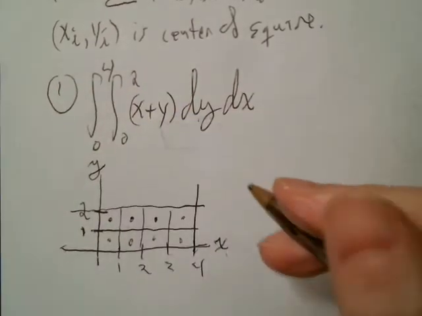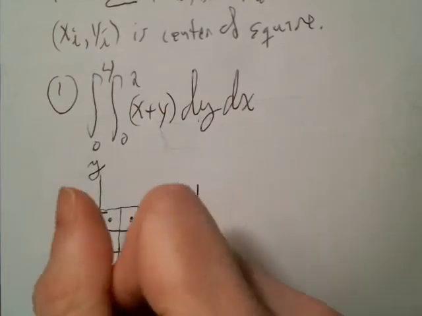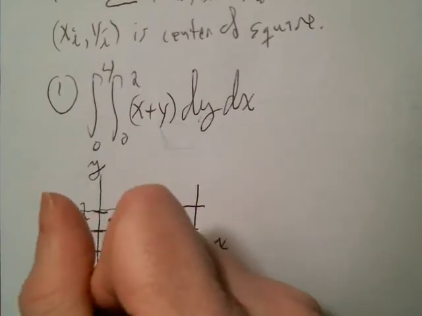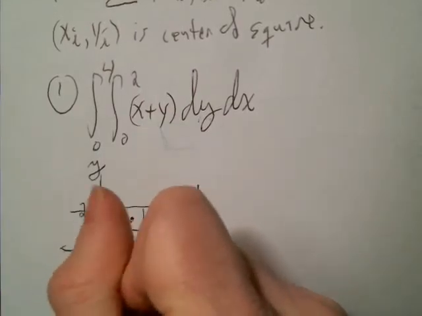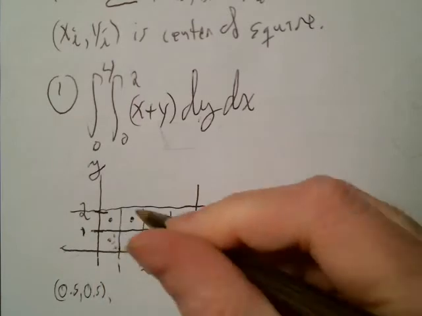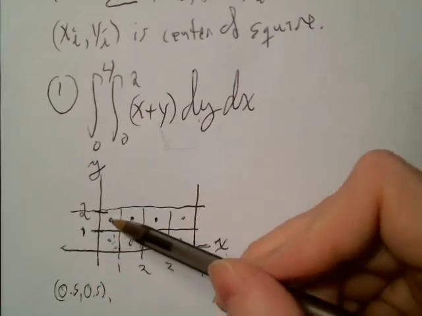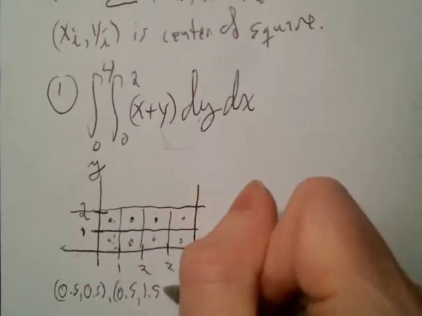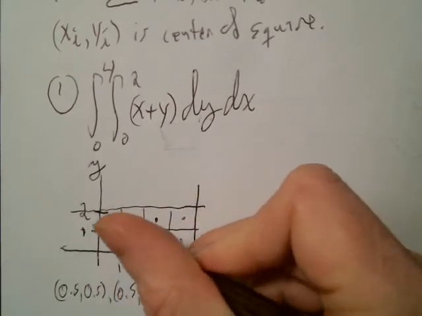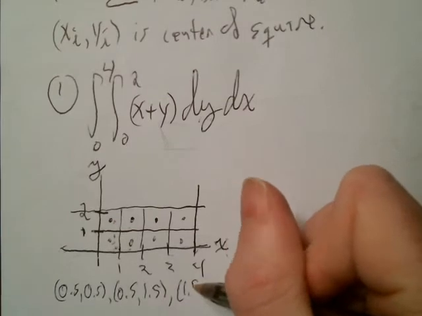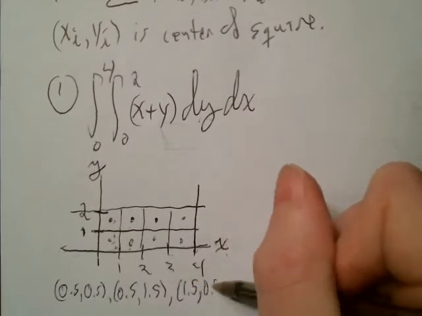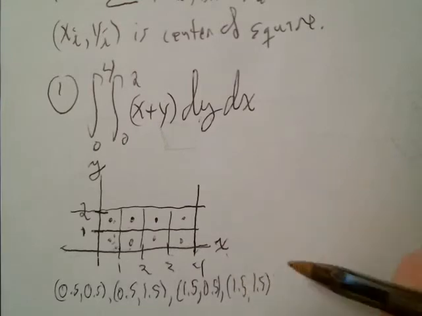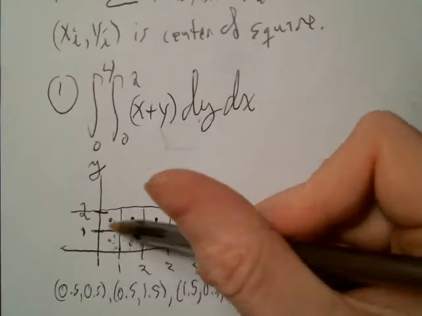So what are these points? This point here is 0.5, 0.5. Then this point, 0.5, 1.5, etc. Then 1.5, 0.5, and then 1.5, 1.5. That's all of this stuff.